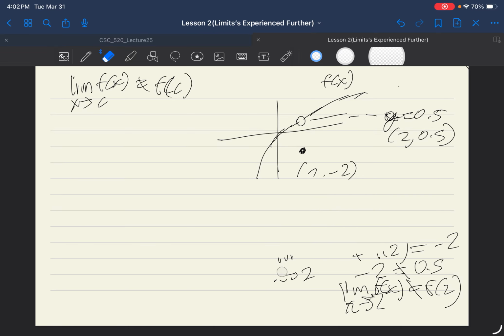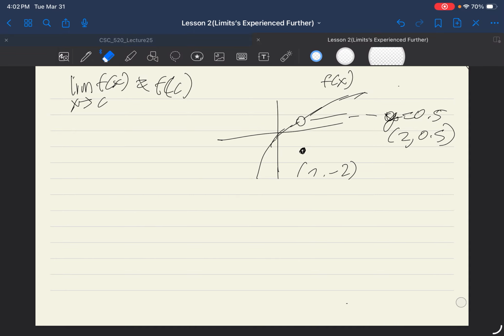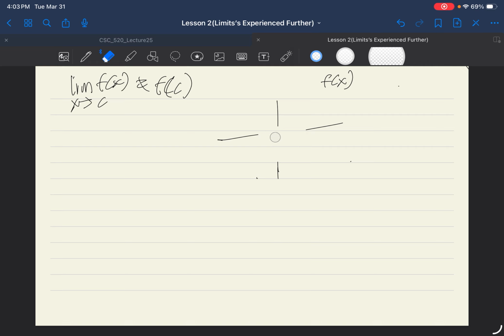That's a fairly simple concept. Now we're going to move on to algebraic properties right after we do tables.